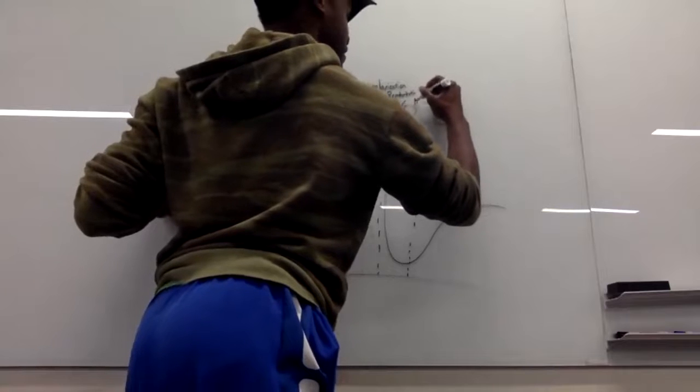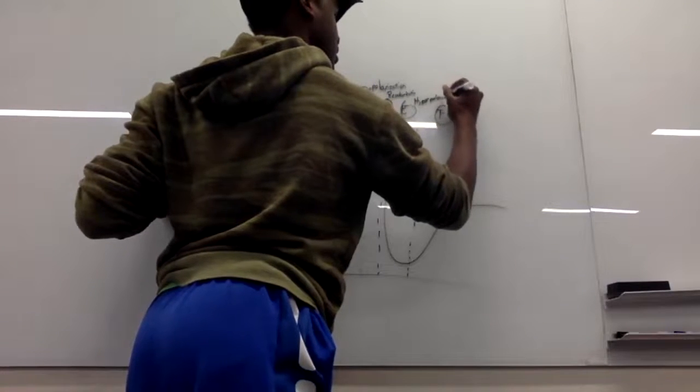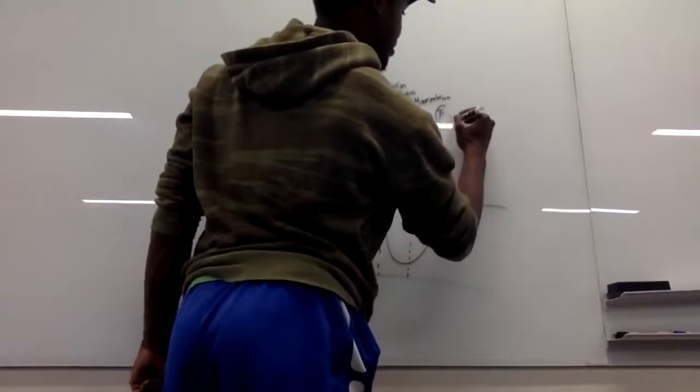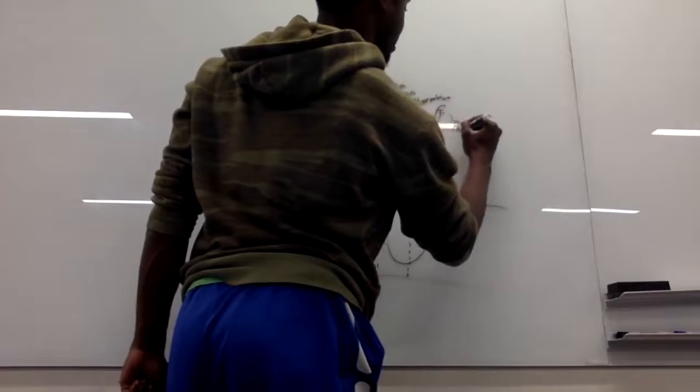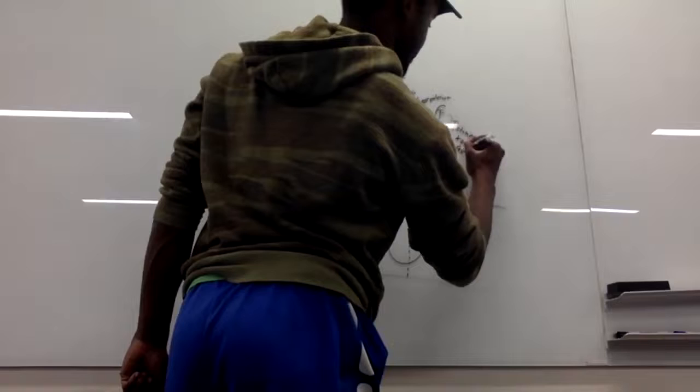E is hyperpolarization. F is returning to resting.